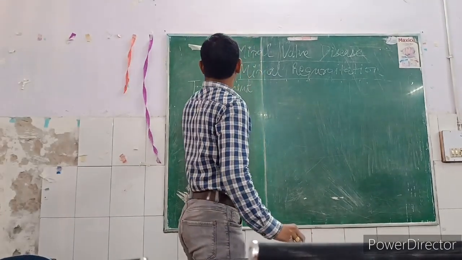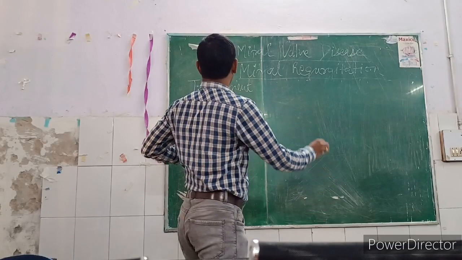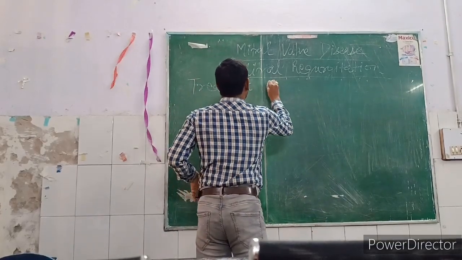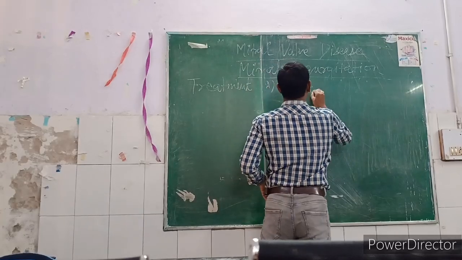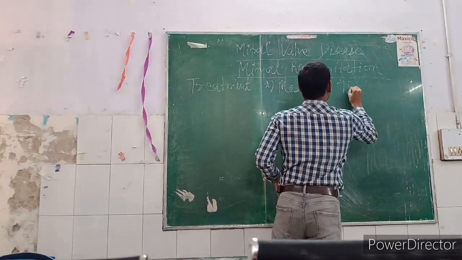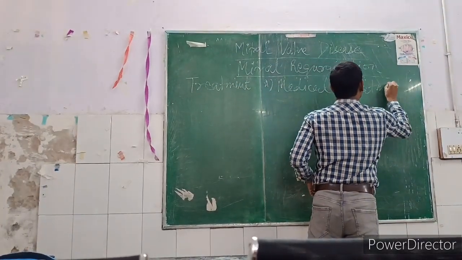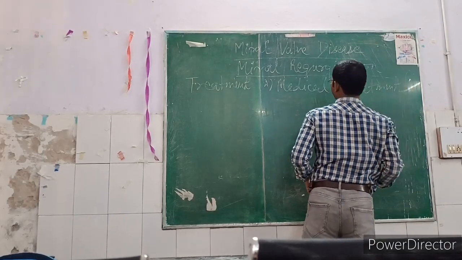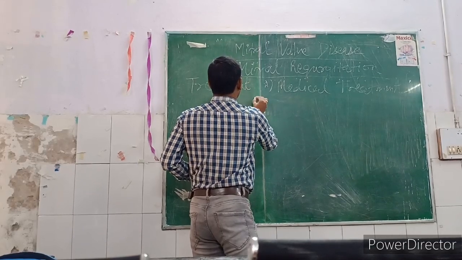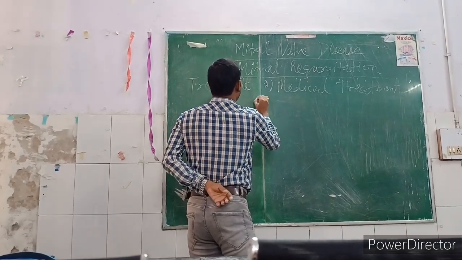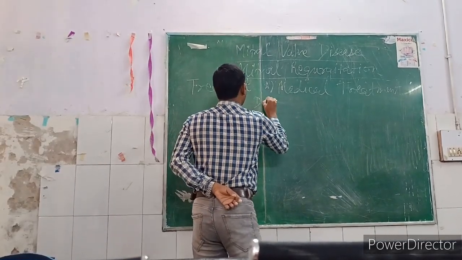And now the treatment of mitral regurgitation. So first, the medical treatment. Number one is diuretics.